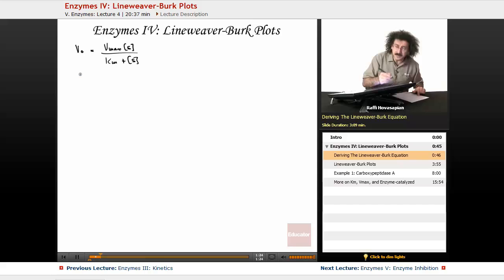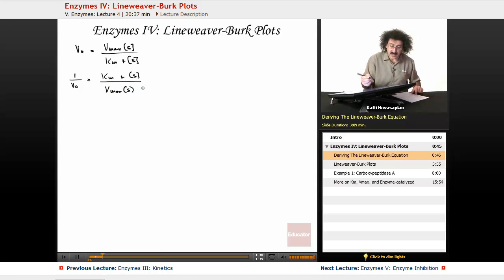When you do that, you end up with the following. You end up with 1 over V0 equals Km plus S over Vmax times S. Now we have everything under one denominator. There's only a single term in the denominator. So let's separate those out and see what happens.